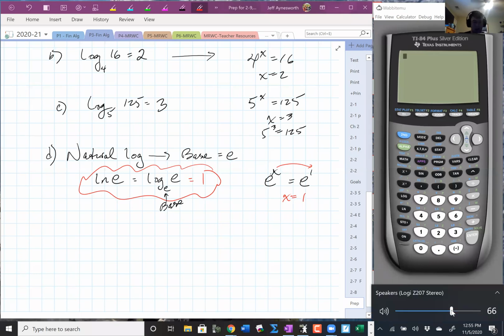I divide the big one into the small one. I'll show you an example. I would put the log of this number, like 25, divided by the log of this number, 5, and then I would get the log of it.